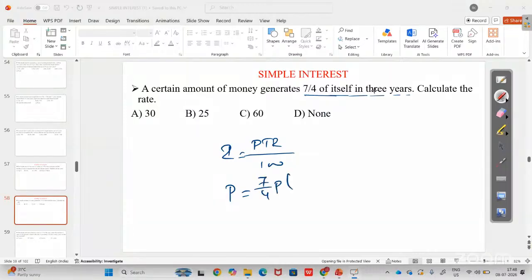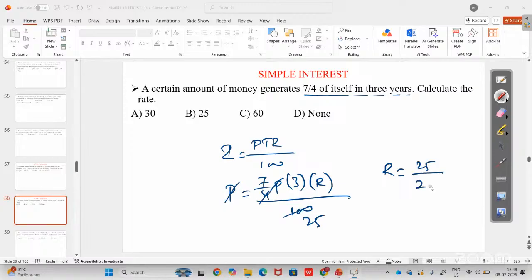In how many years? 3 years. We need to find out R by 100. If I cancel P and P, then 4 ones are 4, 25. Then R will be equal to 25 by 21.